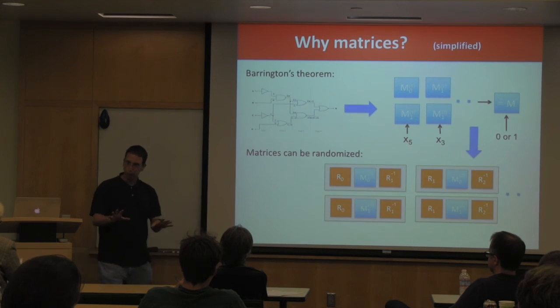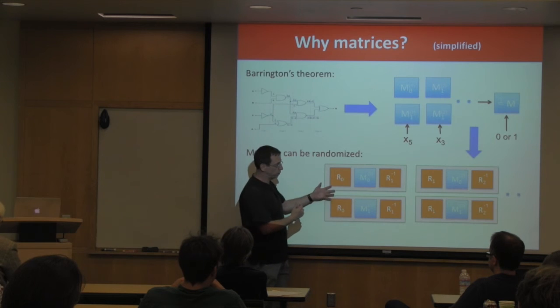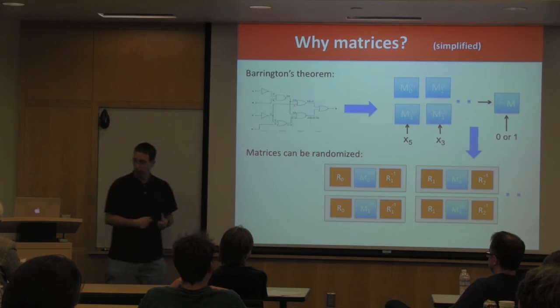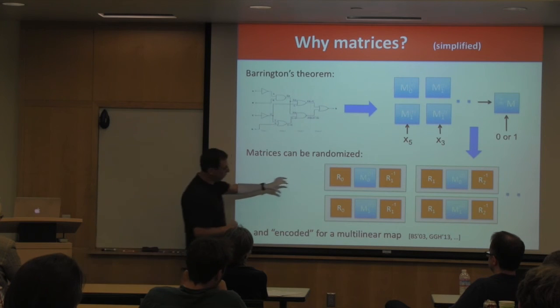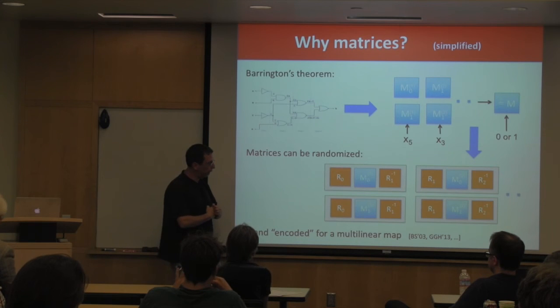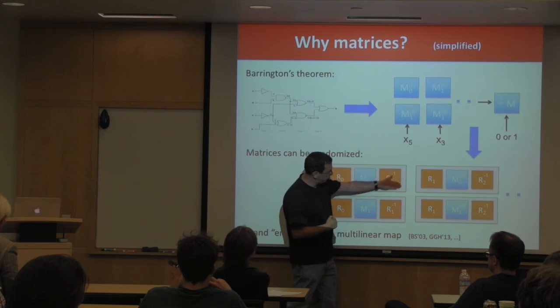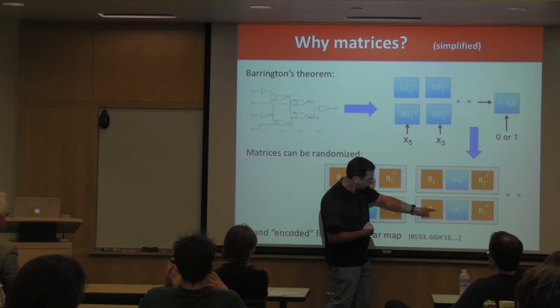But is it clear what we've done so far? Yes, we've just taken our matrices and randomized them without affecting the output. This still allows us to evaluate the program. The last step is to take all these matrices and put them in the exponent, so we encode them for a multilinear map. Now this matrix is available in the exponent, and so is this one.